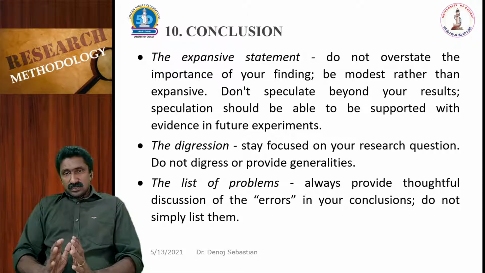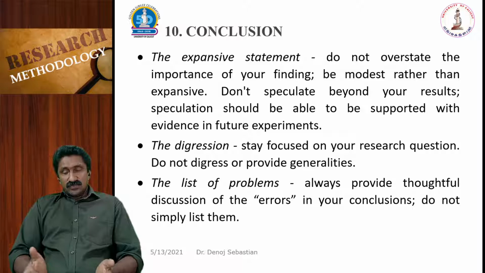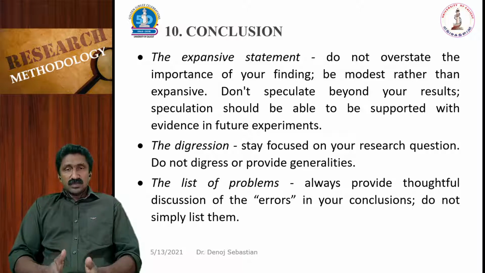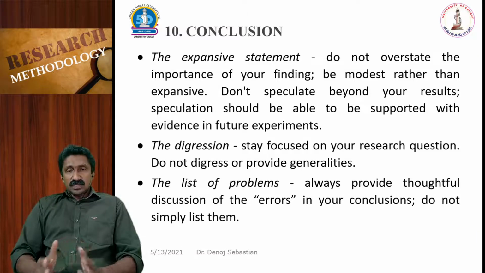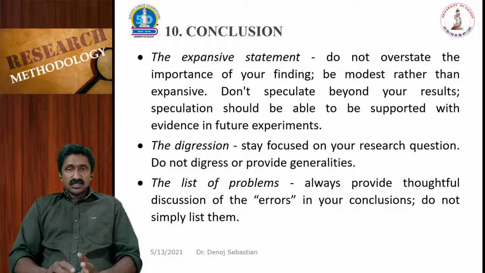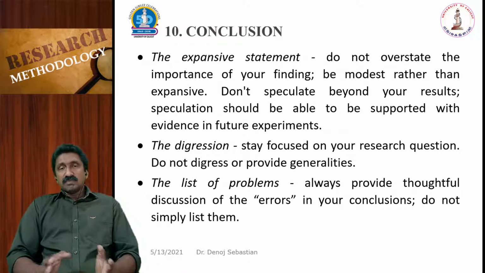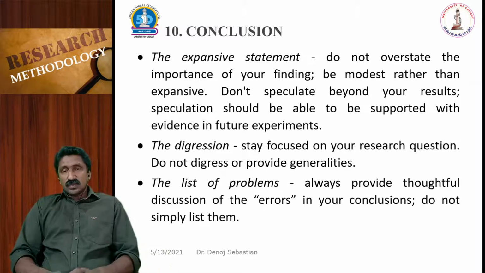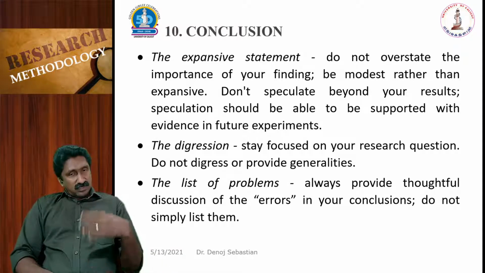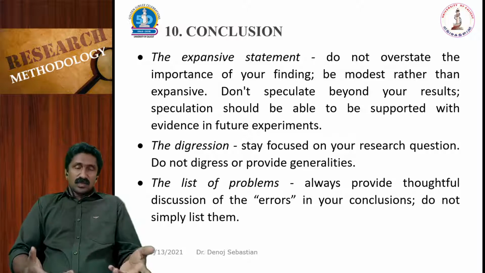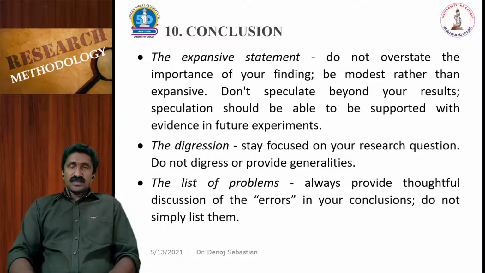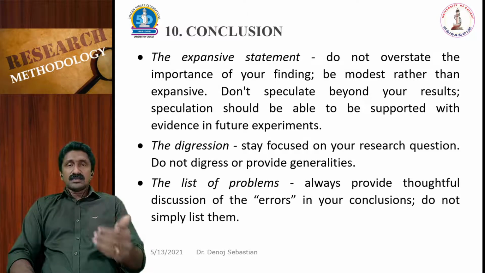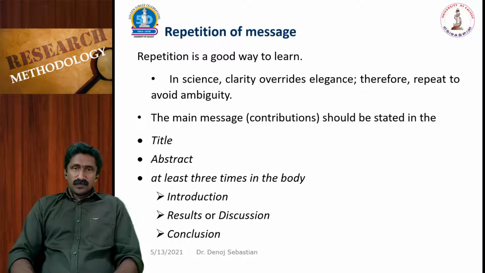If there are some errors or drawbacks in your experiment and they are included in the conclusion, address that issue instead of simply stating that such an error has occurred. Explain why it happened and what the solutions are. That type of addressing of the problem is to be done.